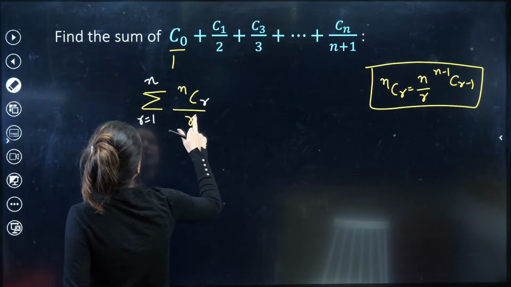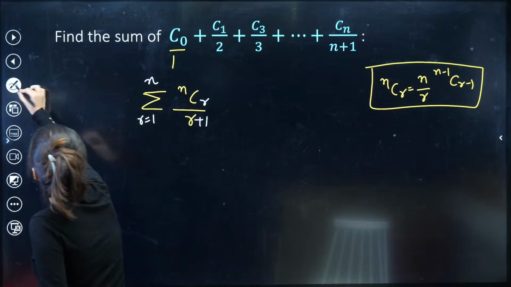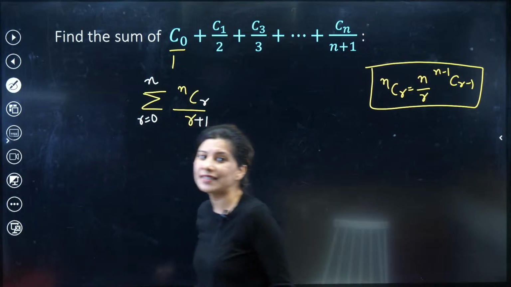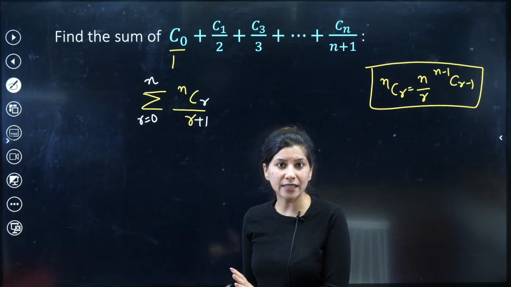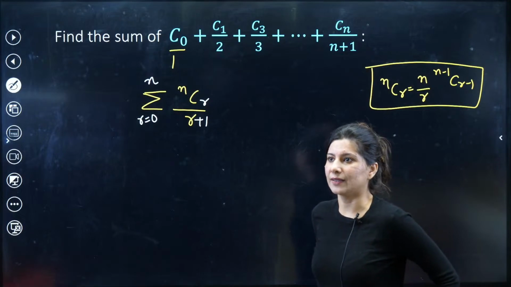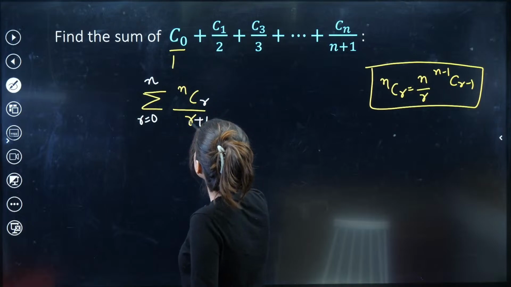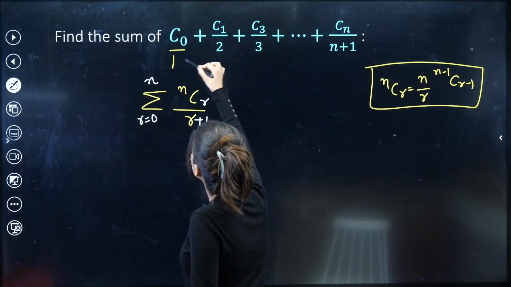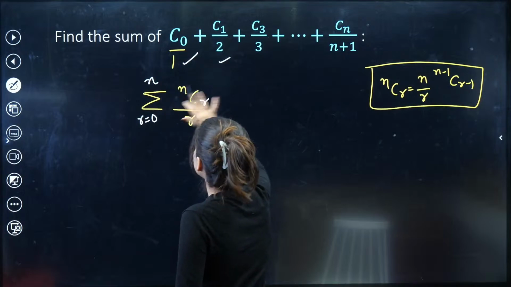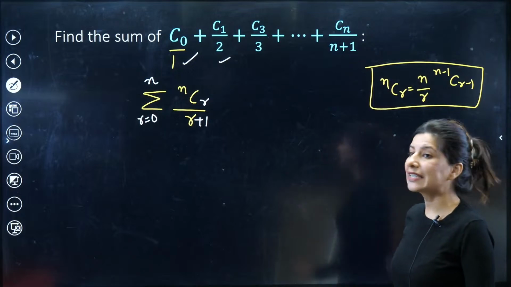Sorry. So this is going to be R plus 1, and R goes from 0 to n. Now it's correct. That's why I always tell you, just write the rough general term and try to obtain first, second and third term. You will get the clarity. So R is equals to 0, the moment you put, NC0 upon 1. Done. R is equals to 1, you put NC1 upon 2. That means yes, right. So we have written the correct general term.